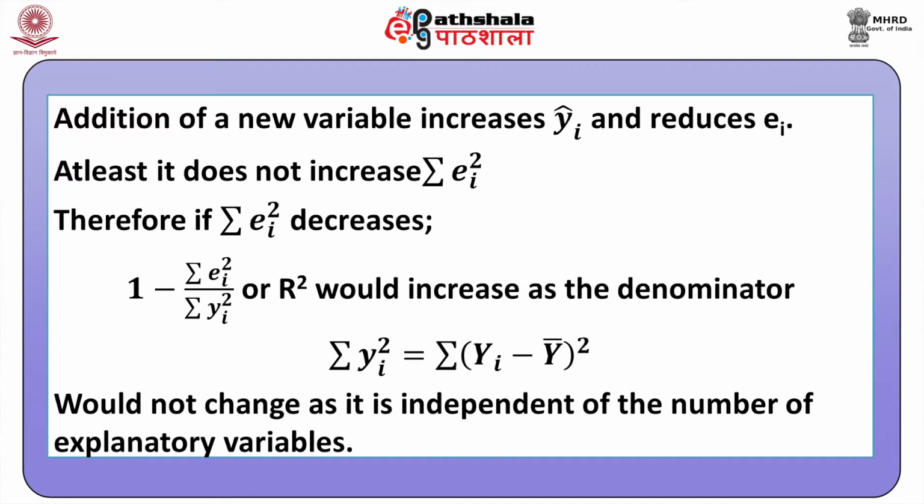Therefore, if sigma ei square decreases, 1 minus sigma ei square upon sigma yi square, or r square, would increase as the denominator, sigma yi square, which is equal to sigma yi minus y bar whole square, would not change as it is independent of the number of explanatory variables.